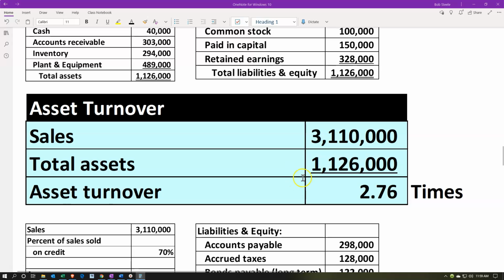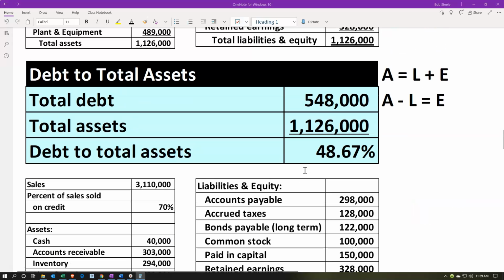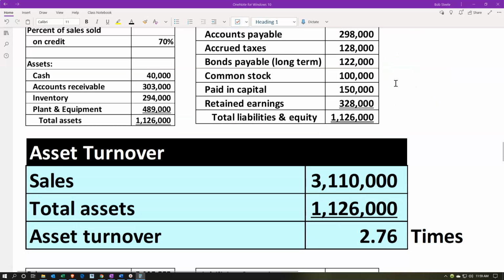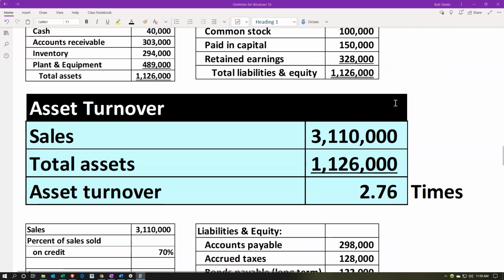And notice if you look at the total assets here, if we're able to get a good return on the total assets, then you'd probably be comparing this item with debt to total assets, thinking, okay, if we were to take out a loan in order to generate more assets, and our asset turnover is good, we think we can generate a return on those additional assets.